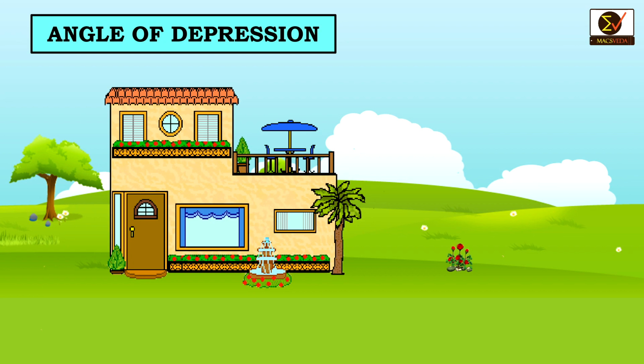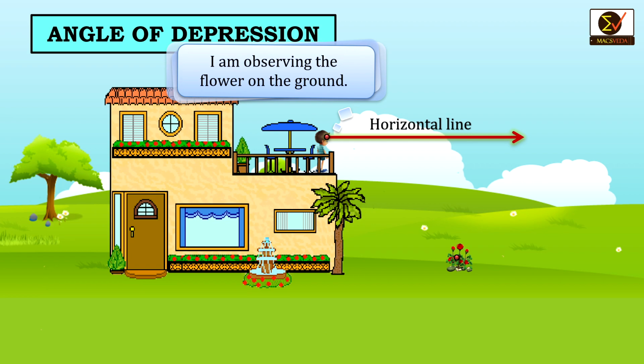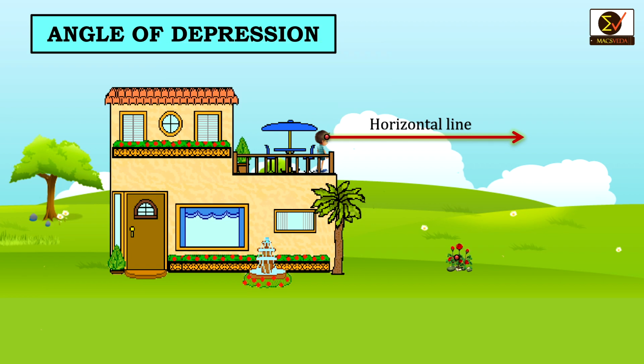Angle of depression. You know horizontal line. So it is a line from eye of the observer and parallel to the ground. Now the observer is observing the flower on the ground.